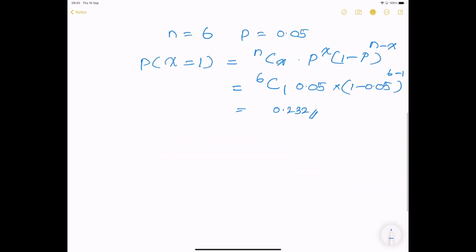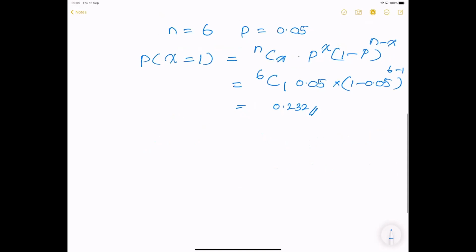So part B: if 7 nuts manufactured by machine B are selected at random, what is the probability that at least one of them will be defective?